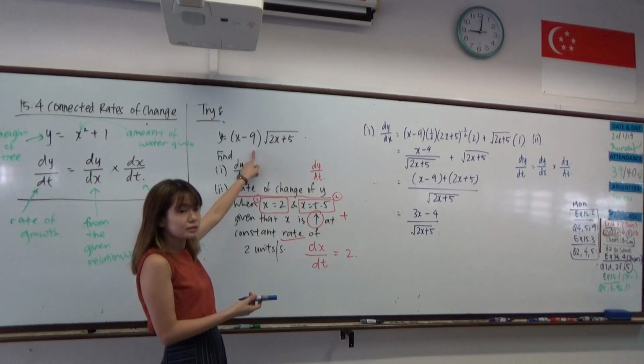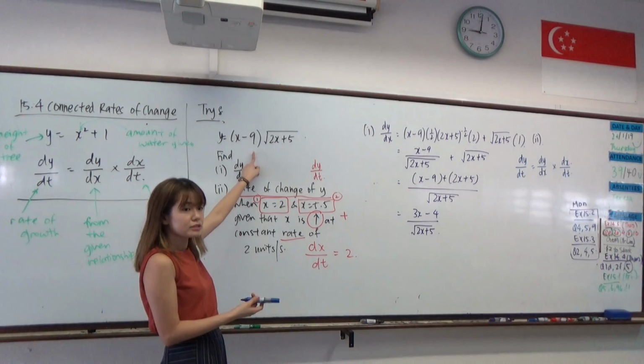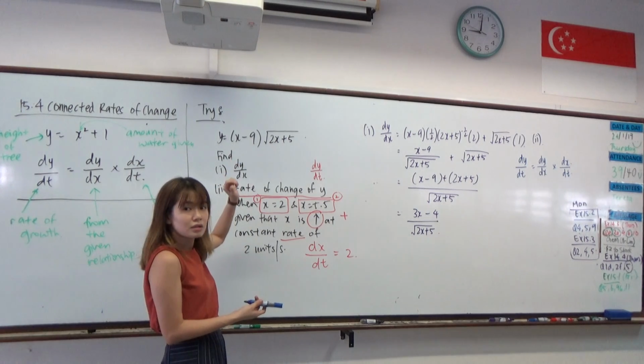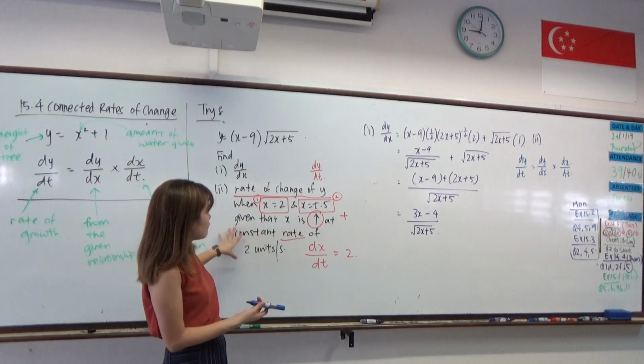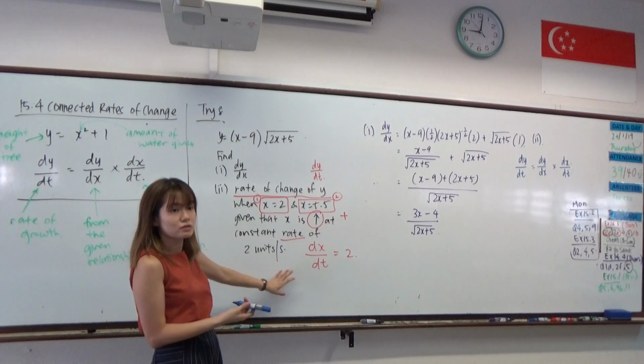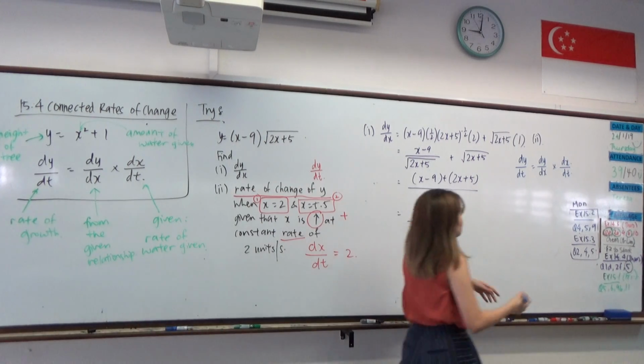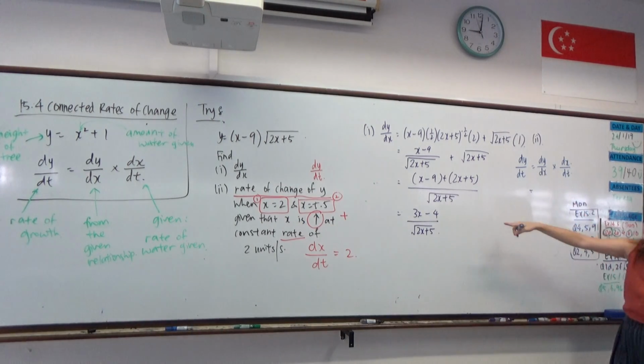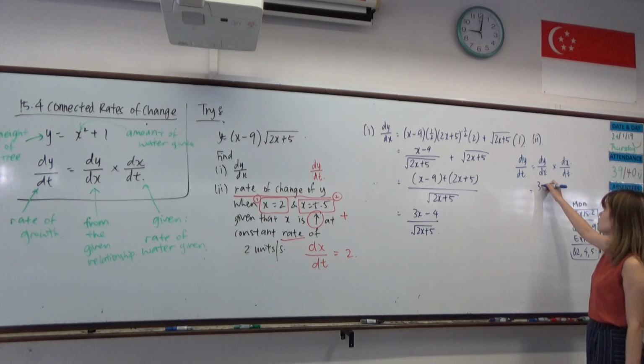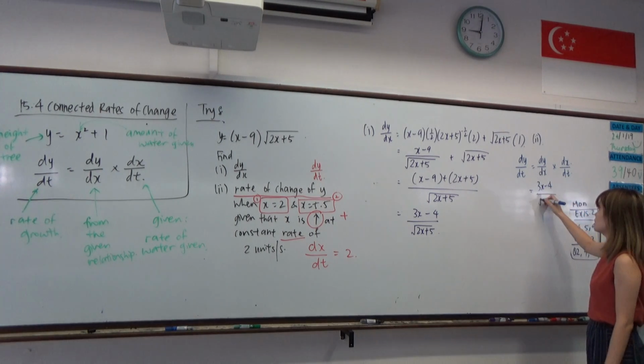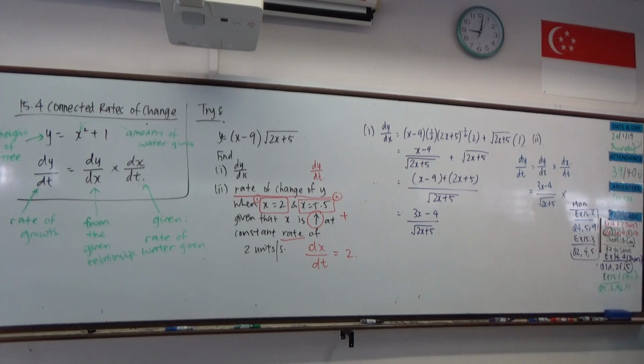You understand? Anybody else don't understand? Okay. Then after that, we are given over here dx over dt. So we will put in our dy over dx from part 1. Then after we multiply by dx over dt, which is 2.